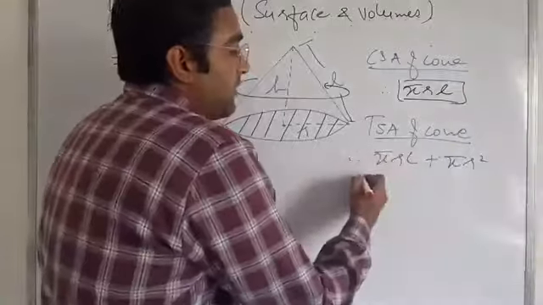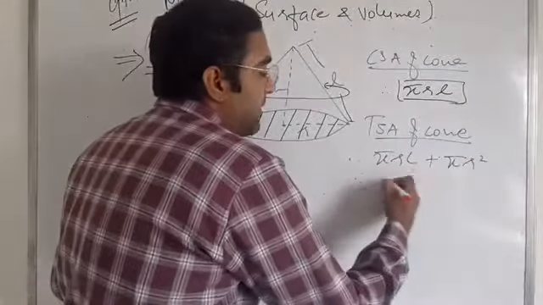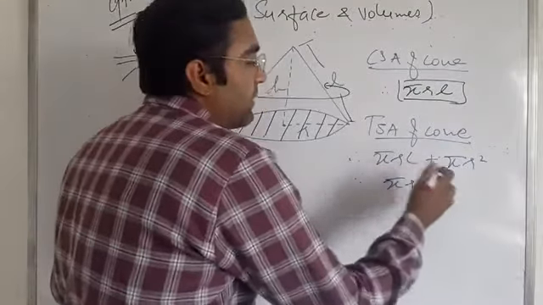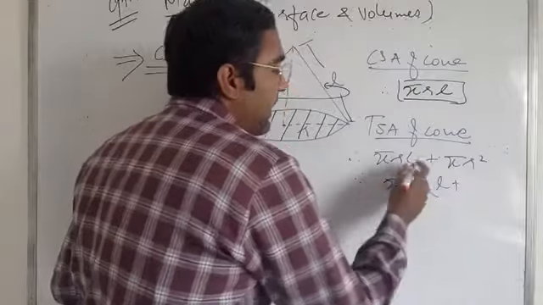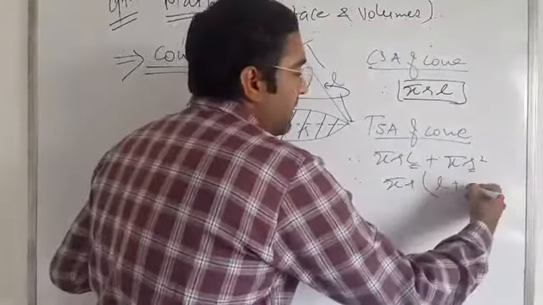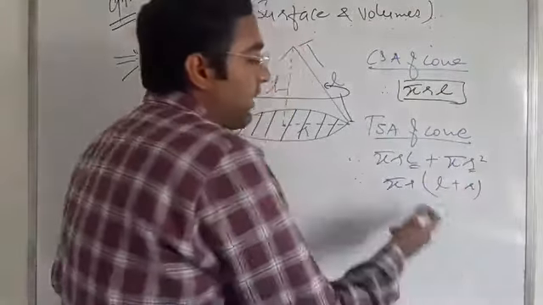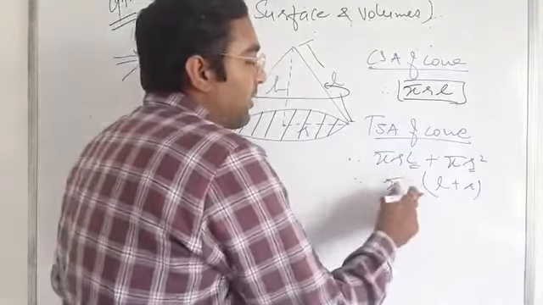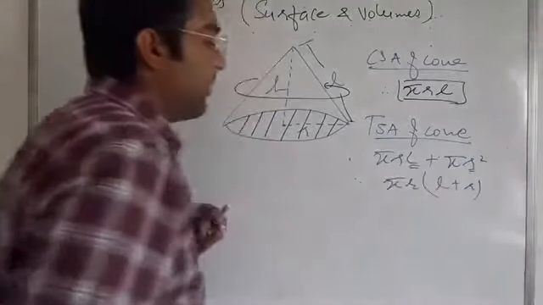From this we take pi r as common, and what remains is L from the first and r from the second, because here is r square and we take one r as common.